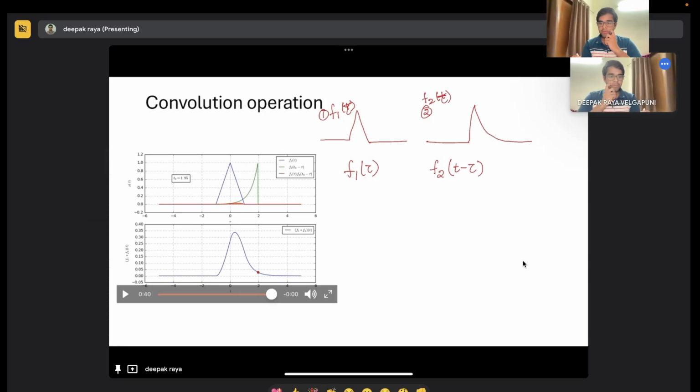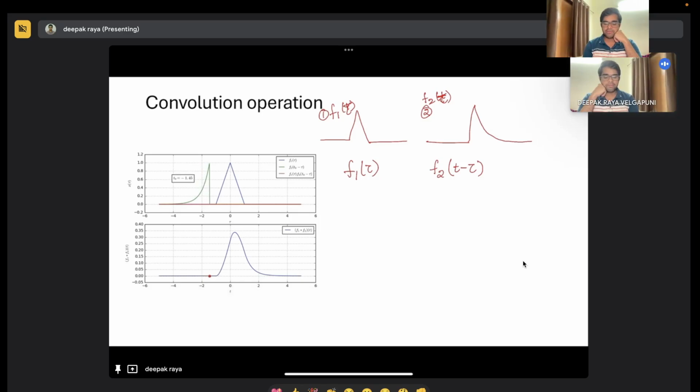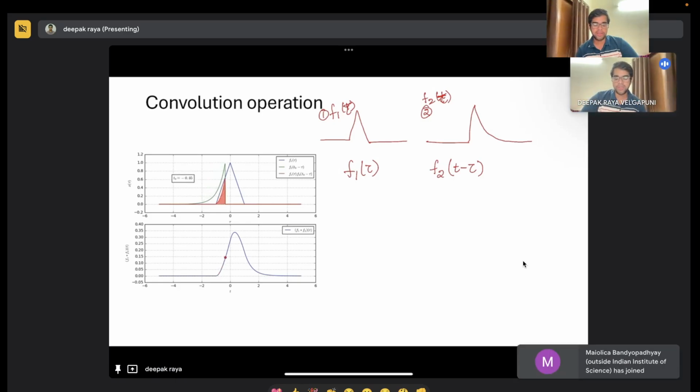So you're shifting the signal and starting to overlap, multiply, and as you shift, you find the overlapping area, and that area you show it here. Right now there is no overlap, so it is always 0. Once the overlap starts, it starts increasing, and that area value is what you are plotting here. As the area of overlap increases, the function increases, and when it reaches the peak and starts moving down, the area also decreases, and therefore the function decreases.